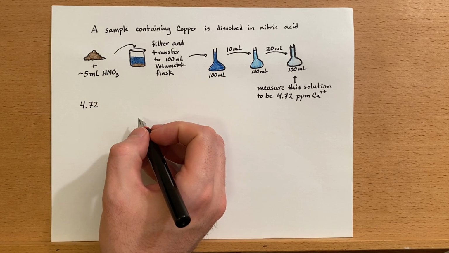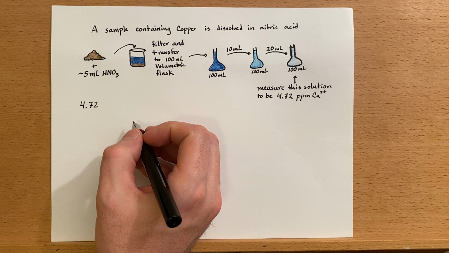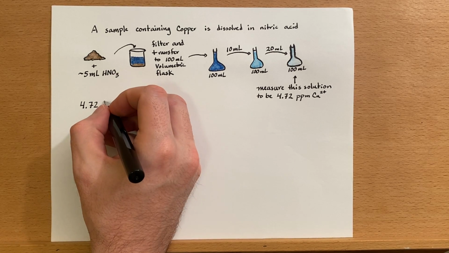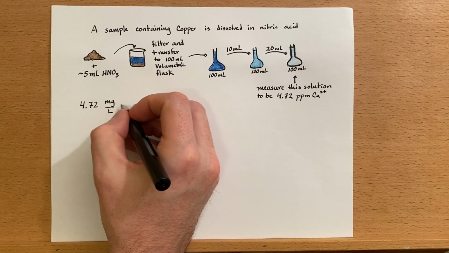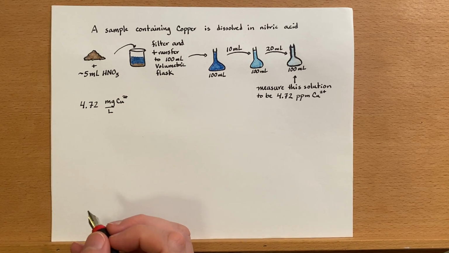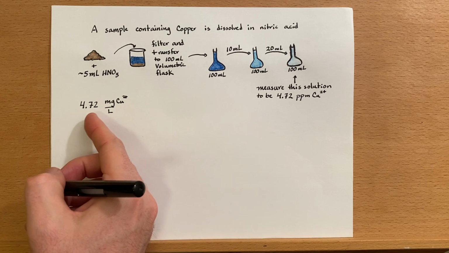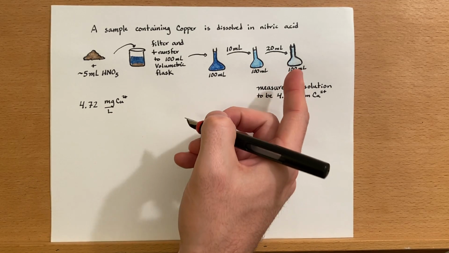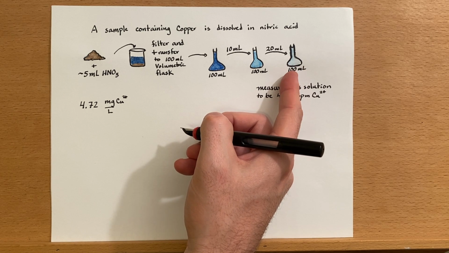And another way to write parts per million is milligrams per liter, or at least it's close enough to write that. And so let's go backwards through our dilution. So this concentration corresponds to my solution in the 100 milliliter flask.